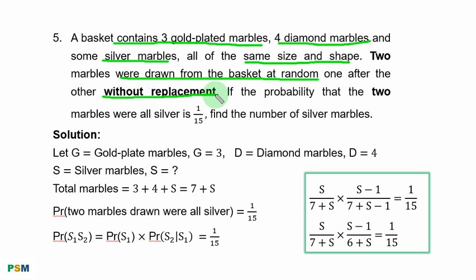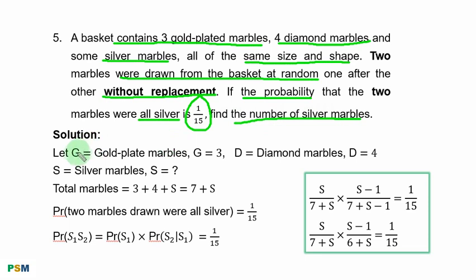This shows dependent event. If the probability that the 2 marbles were all silver is 1/15. In other words, the probability of the 2 marbles drawn is given to be 1/15. Find the number of silver marbles.